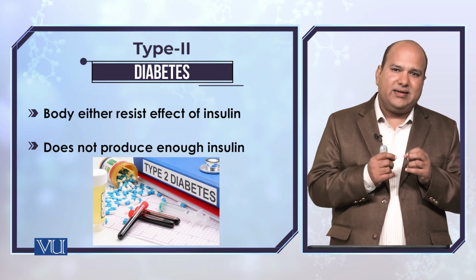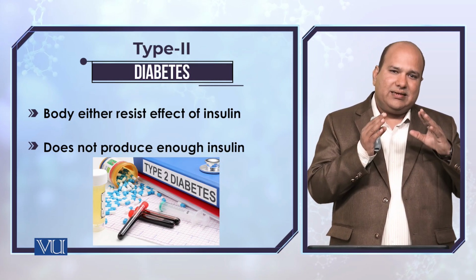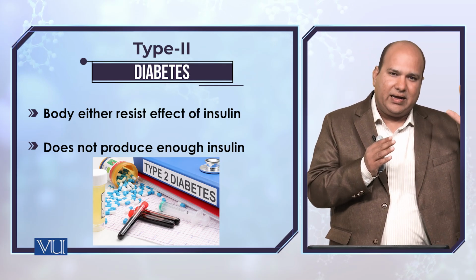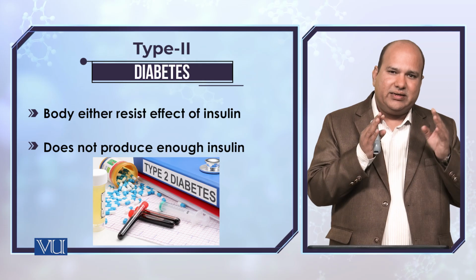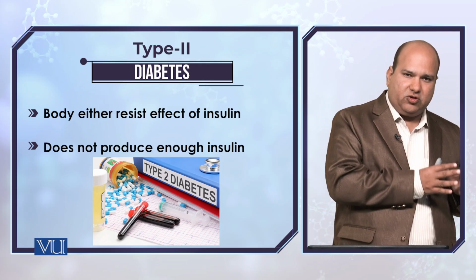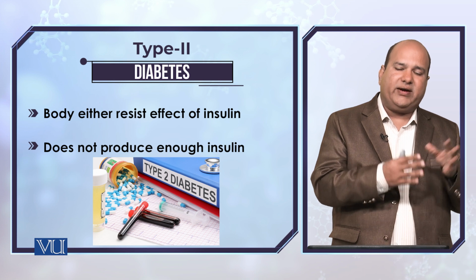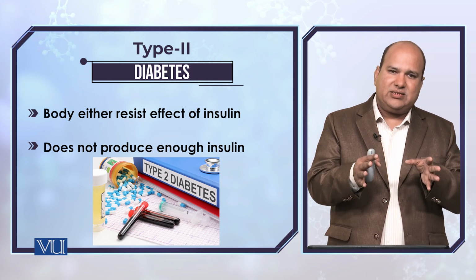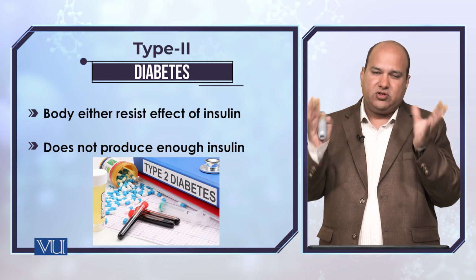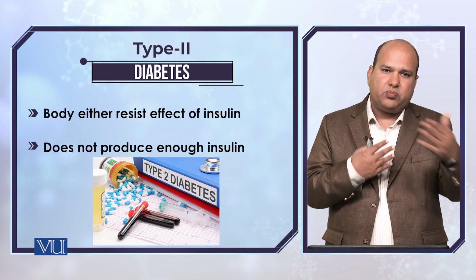So type 2 diabetes is not really a disorder of the production of insulin, but somehow, due to whatever reason, your cells, your physiological system, are not responding to insulin.